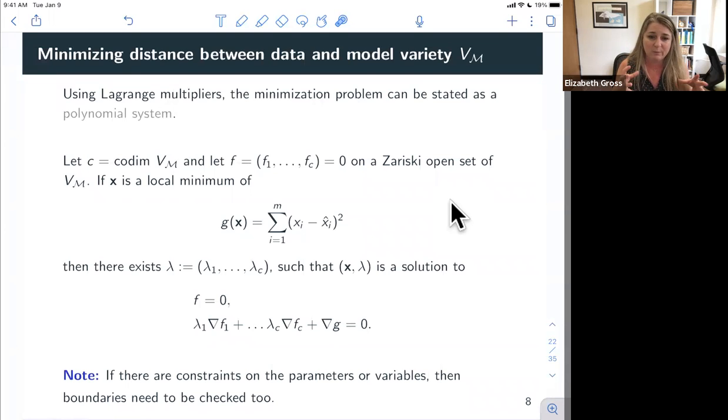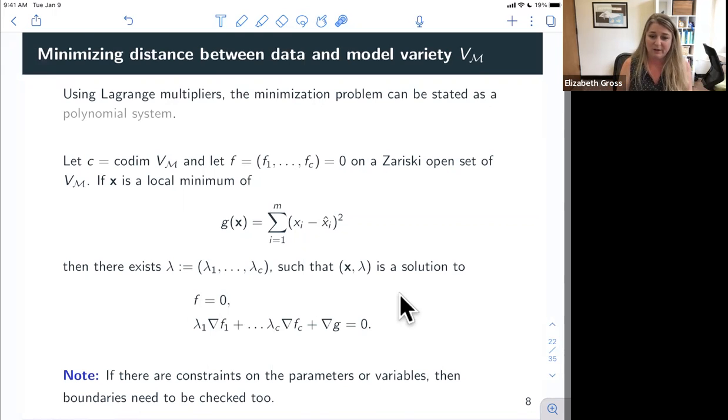So mainly, if we use Lagrange multipliers, we can write down the equations that we need to solve. So if I have, let's say, this is my data point, and this is going to be my points on whatever variety that I'm looking at, this is the function that I want to minimize. And so if X is actually a local minimum of that, then we know that there exists some lambda such that (X, lambda) is a solution to this system of equations, where these are the gradients of each of your polynomials here.